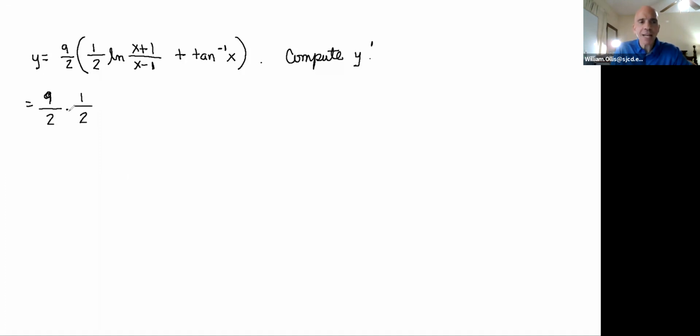So I'm going to have 9/2 times 1/2. And then what I'm going to do is write the log of a quotient as the difference of logs. So this will be log of (x plus 1). Of course, I need parentheses here because that's a sum. That wouldn't make sense otherwise. Minus natural log of (x minus 1).